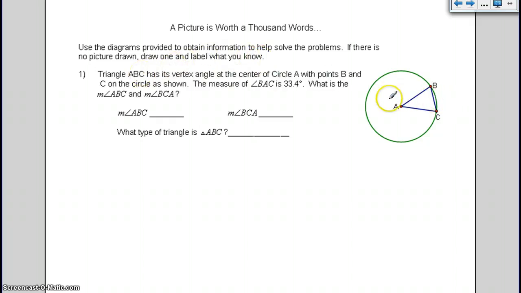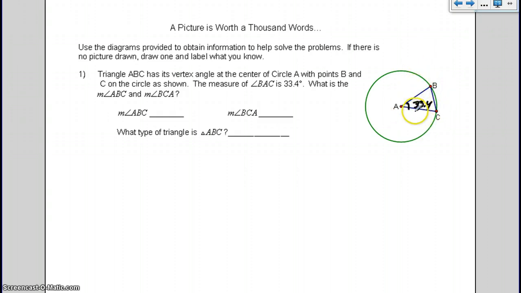Triangle ABC has its vertex angle at the center of the circle, with points B and C on the circle as shown. The measure of BAC is 33.4. What is ABC and BCA?